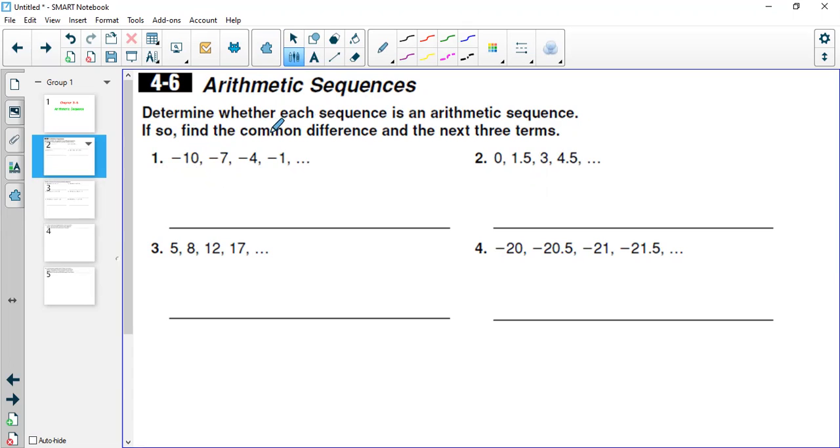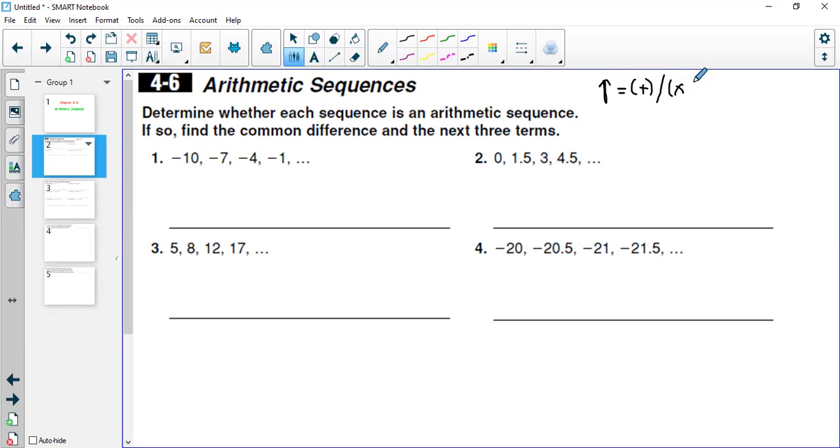The question says, determine whether each sequence is an arithmetic sequence. If so, find the common difference and the next three terms. So if it is an arithmetic sequence, then we need to find the common difference, and then the next three terms. The hint which you could use here is, if the pattern is increasing, that means there should have been an addition or a multiplication.